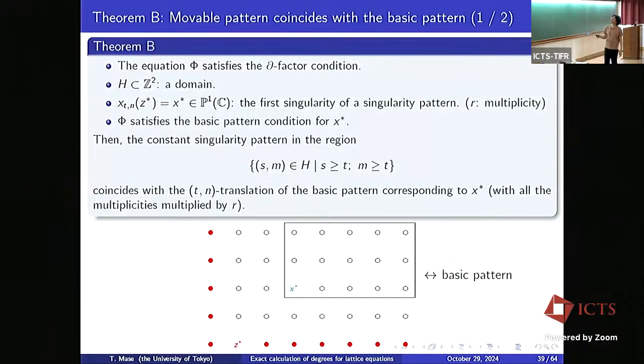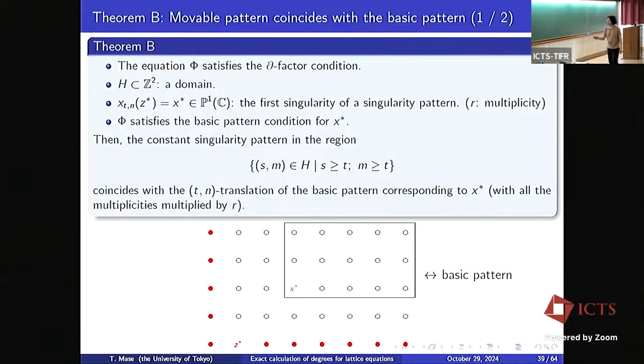So this is the next theorem. Okay, so some conditions like the d-factor condition and the domain, and let's consider the first singularity of a pattern and the basic pattern condition. Then this region, this is the first singularity of this pattern, and this region coincides with the basic pattern.